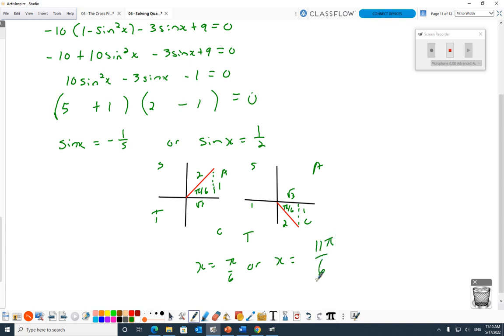Thank you, Ethan. And these were signs up here. Oh, yeah, good. Another error. Yes? Sine x is 1/2 in this quadrant here. So this has all got to go. That's why it's not 11 pi/6. Get my big eraser out.